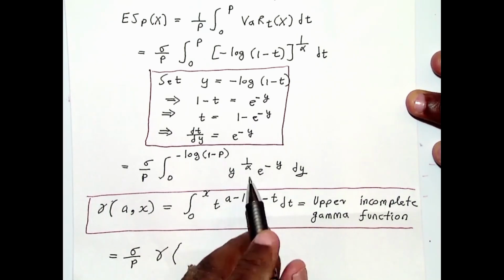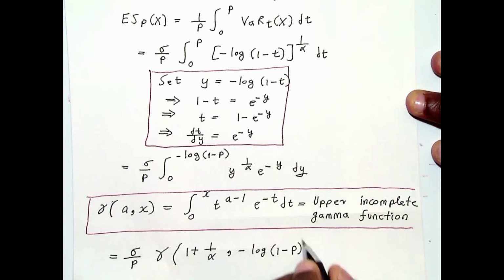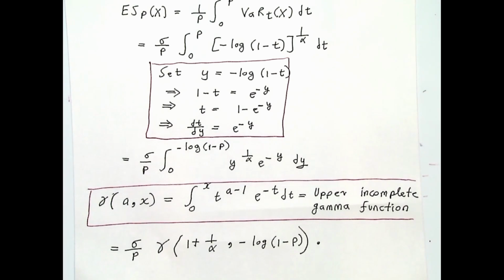Your A is 1 plus 1 over alpha, and your X is this. All right, so this is the expression for expected shortfall for part 9.